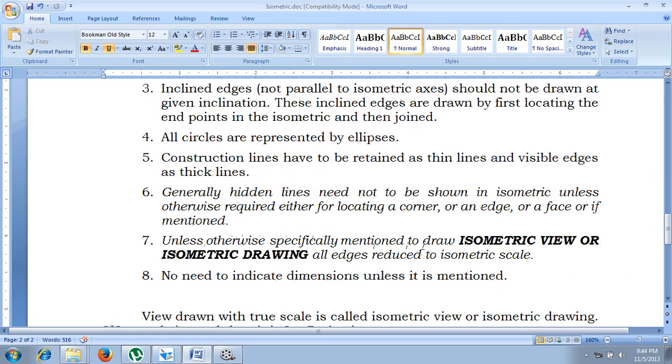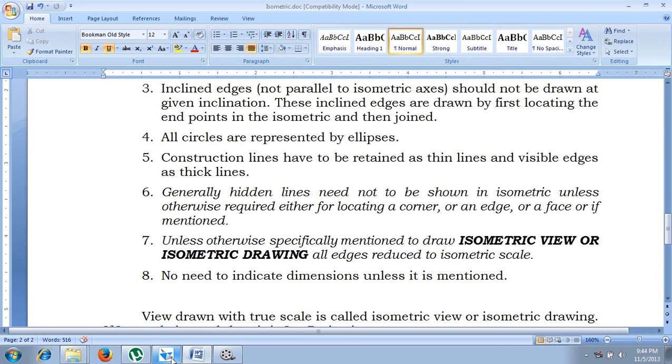Unless otherwise specifically mentioned to draw an isometric view or isometric drawing, all edges are reduced to isometric scale. What is isometric scale? Just now we calculated, that is cos 45 by cos 30, which is 0.8164 times. And there is no need to indicate the dimensions unless mentioned.